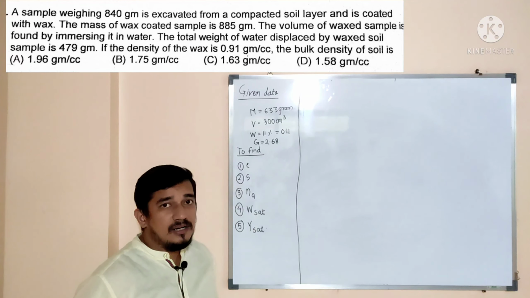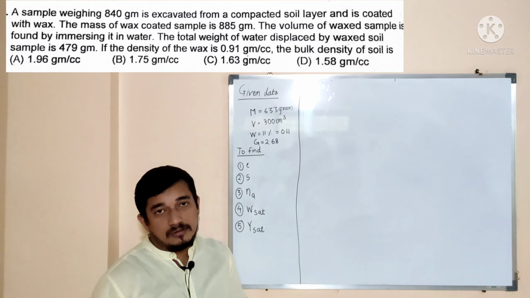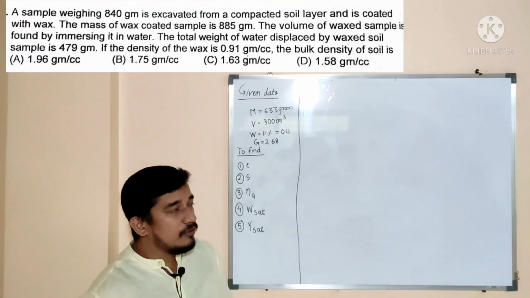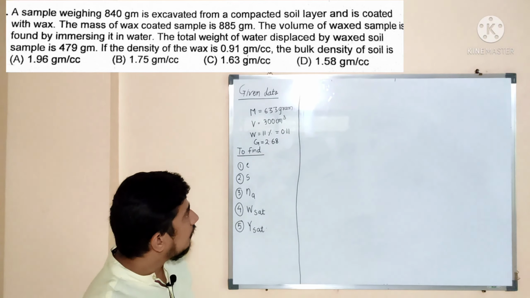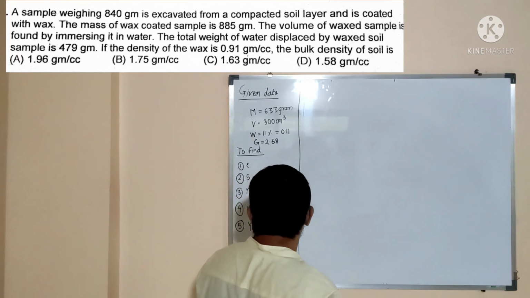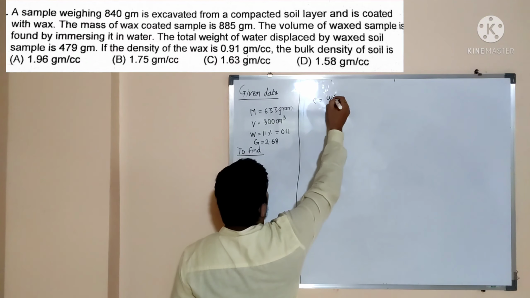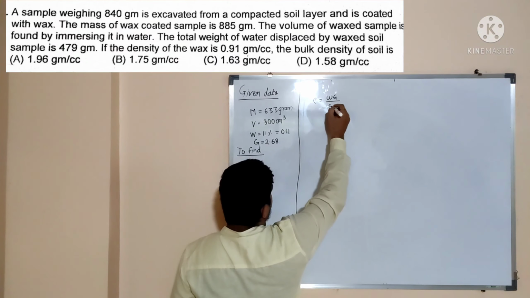As they have said it is a moist soil, we cannot say the soil is fully saturated. So as explained in the previous problem, we will find out the degree of saturation first.